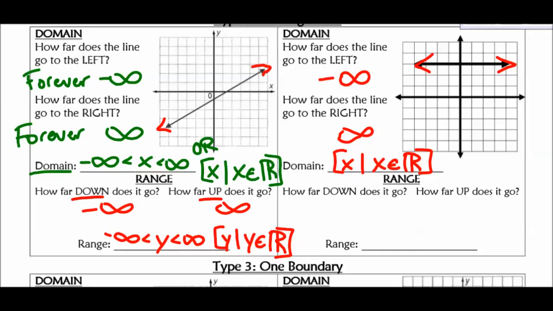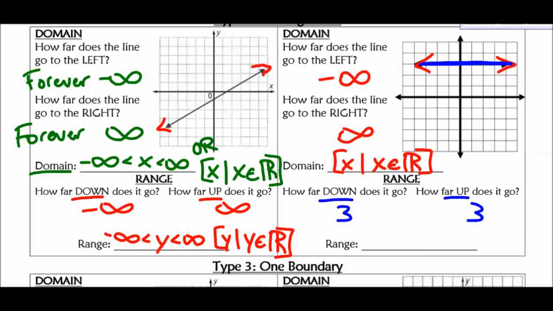When I'm talking about how far down that goes or how far up it goes, it actually doesn't go up or down at all. It stays at the same number the entire time. It's staying flat straight across at 3 the entire time. The range is 3. It goes down to 3, and it gets up to 3. Doesn't really change at all. This one you really have to write in set builder notation.